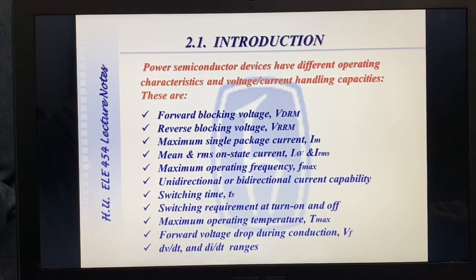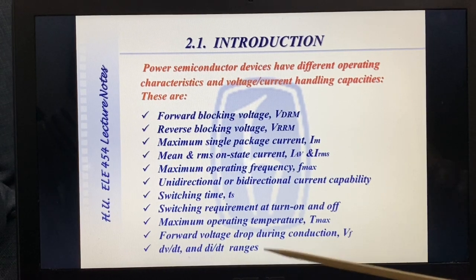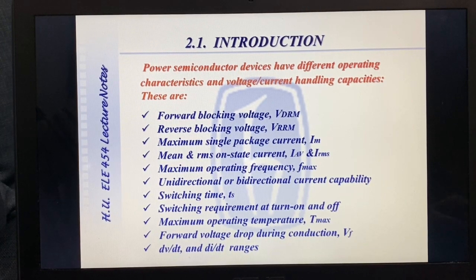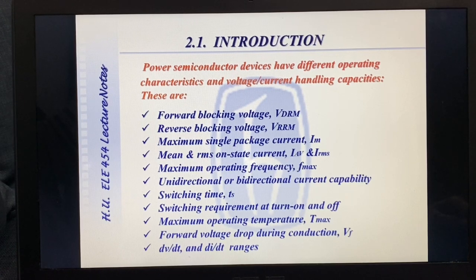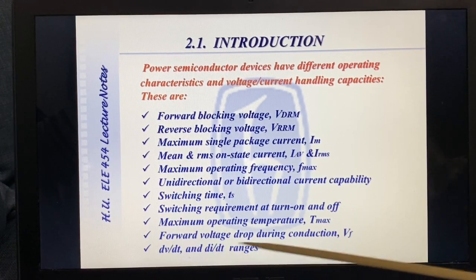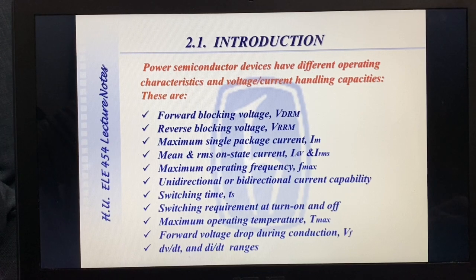Otherwise, the junction temperature will increase beyond the safe value and the device may burn out. Forward voltage drop during conduction: like the forward voltage of a diode, all the other power semiconductor devices have forward voltage drops during conduction. And also dV/dt and di/dt ranges are important. Otherwise, breakdown may occur because of exceeding the ratings.